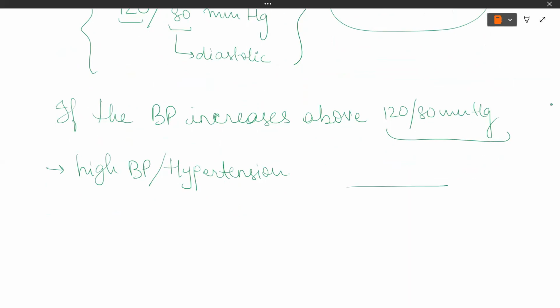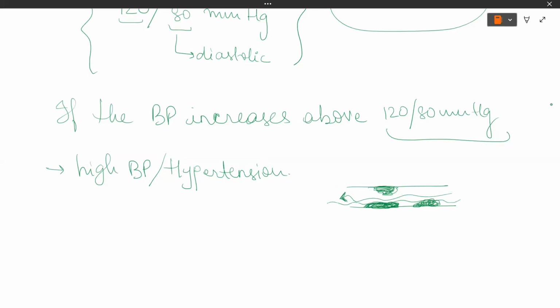If this is the blood vessel, normally a lot of blood will flow through it. Now if deposition is made here, then the lumen, or the space, will decrease, isn't it? If dirt is fixed here, less blood flows.